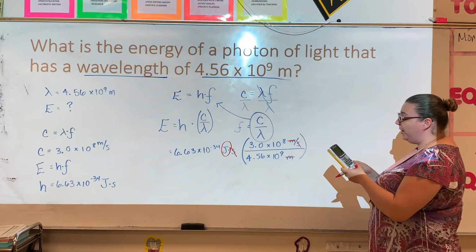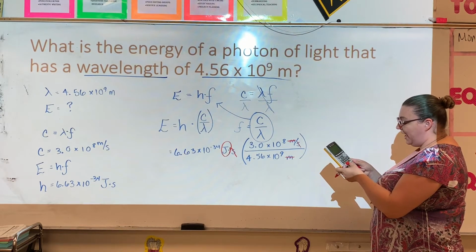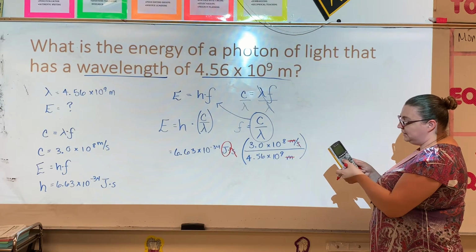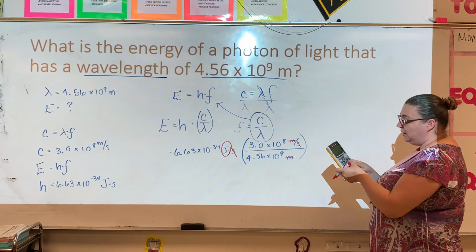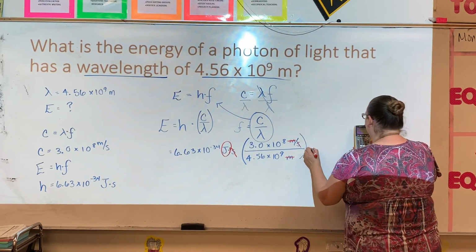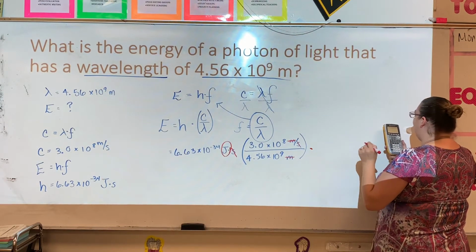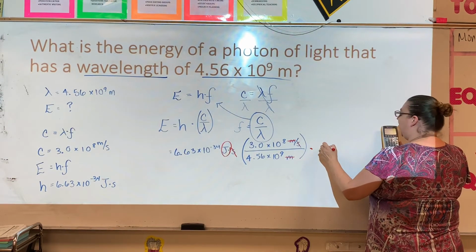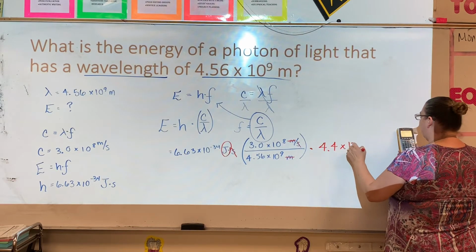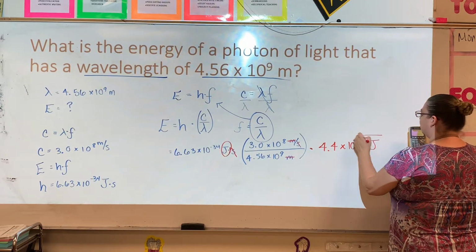So I'm going to do an open parentheses, 3.0 second comma 8 divided by 4.56 second comma 9, close parentheses, and hit enter. That's going to get me a value of 4.361842 and so on, e negative 35. I'm going to round that up to 4.4 times 10 to the negative 35th joules.